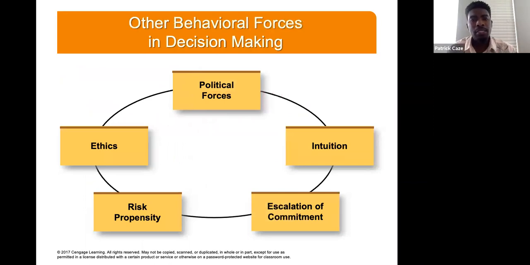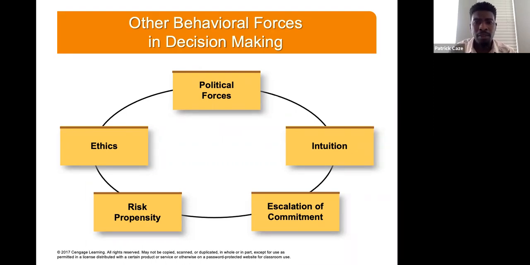Some other forces in decision making, right? And again, if we think about a SWOT-E, the strengths, weaknesses, opportunities, and threats, and then E stands for external, right? We do a SWOT-E, you'll get into some of these external forces that have an impact on our decision making, okay?